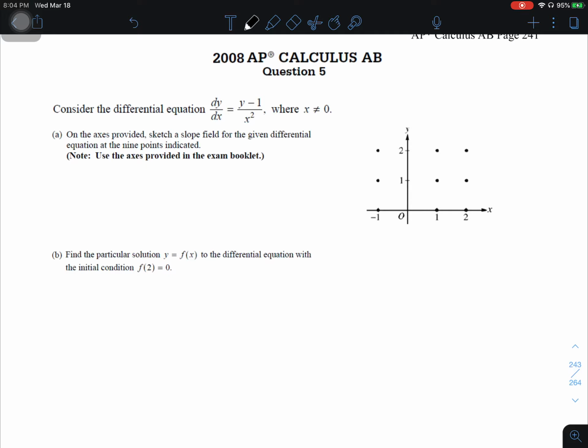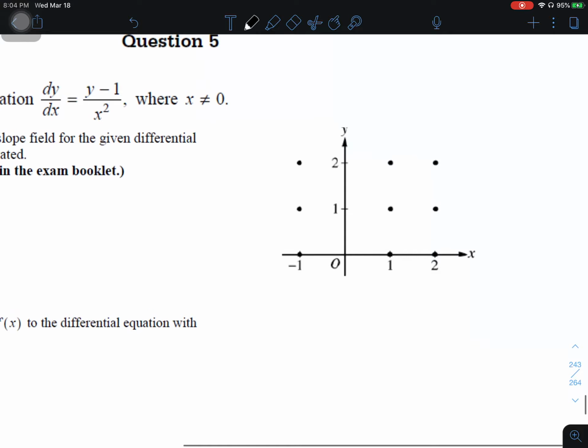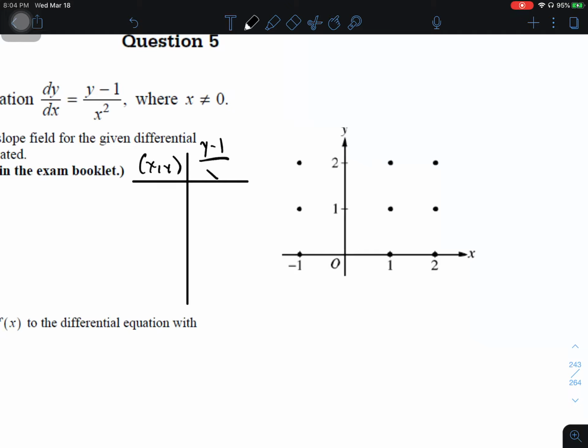All right, so let's check this out. Let's first figure out when the slope would be 0. It's how I always start these out. Let me make a table here. The slope's going to be 0 whenever y is 1.